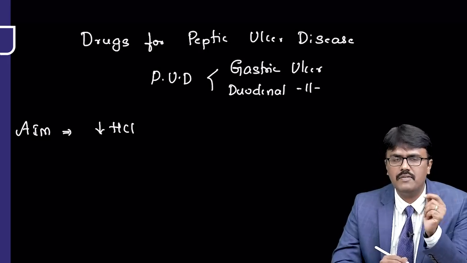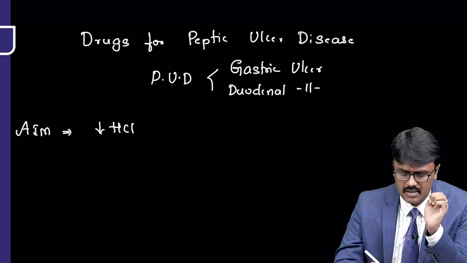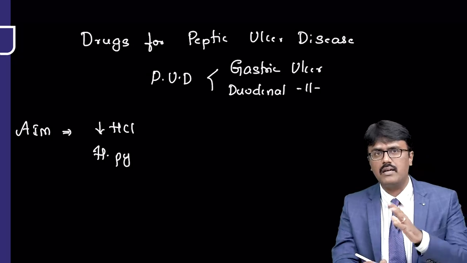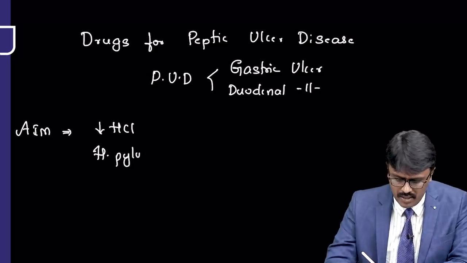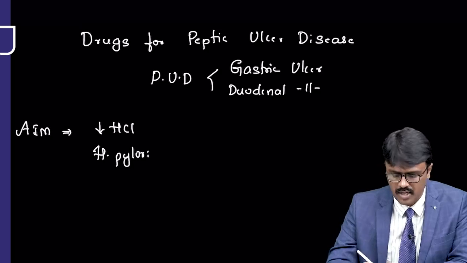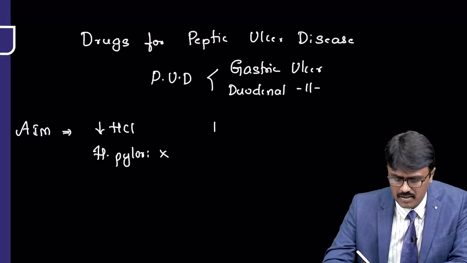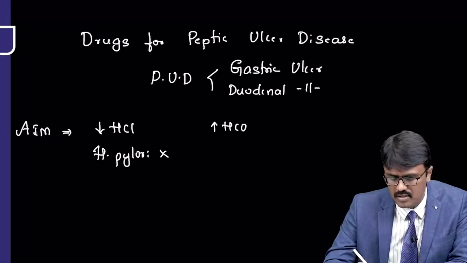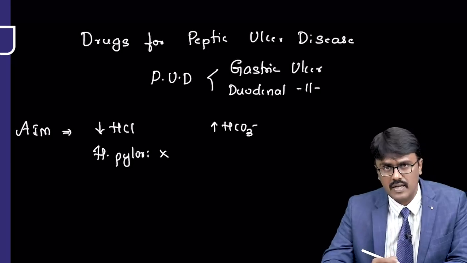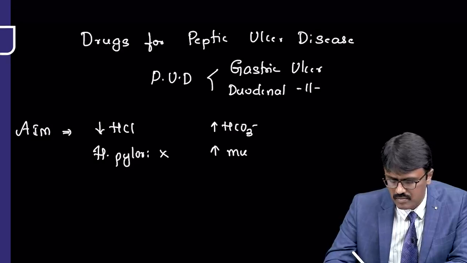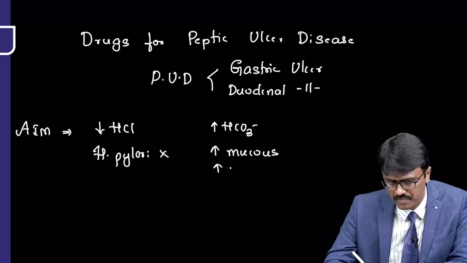So the main aim of treating a peptic ulcer disease is to decrease the HCl production. And one more bacteria which is a culprit for gastritis is H. pylori, that is called Helicobacter pylori. So we need to eradicate this. Another important thing is you have to increase the secretion of bicarbonate, which will neutralize the acid, and increase the mucus, and also you can increase the mucosal blood flow.